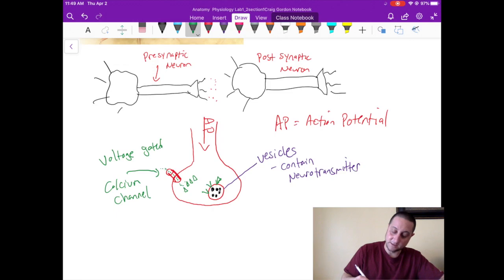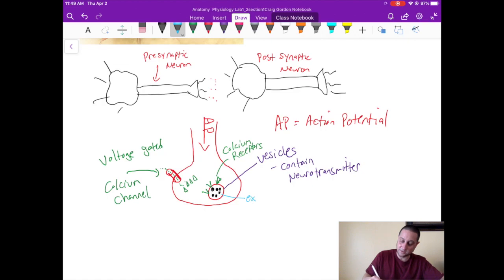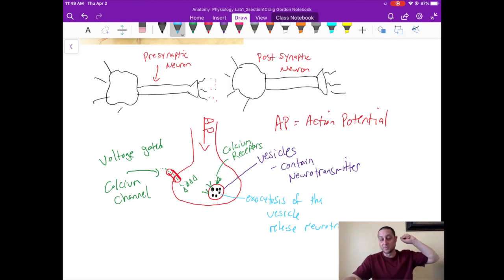So we have these calcium receptors, and then you will have exocytosis of the vesicle, which will release neurotransmitter into the synapse.